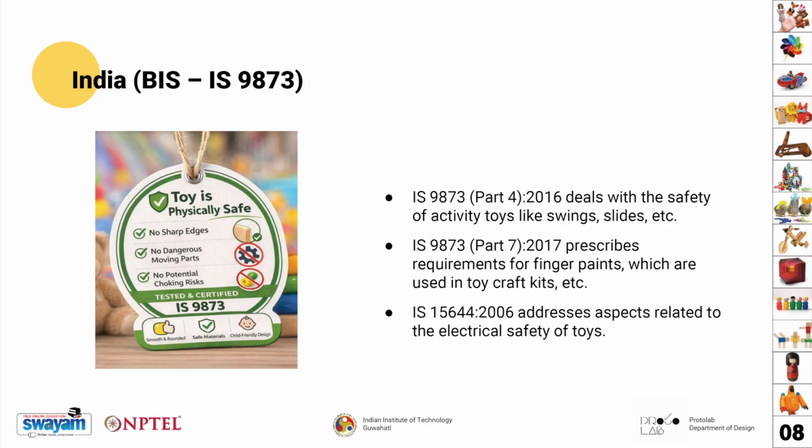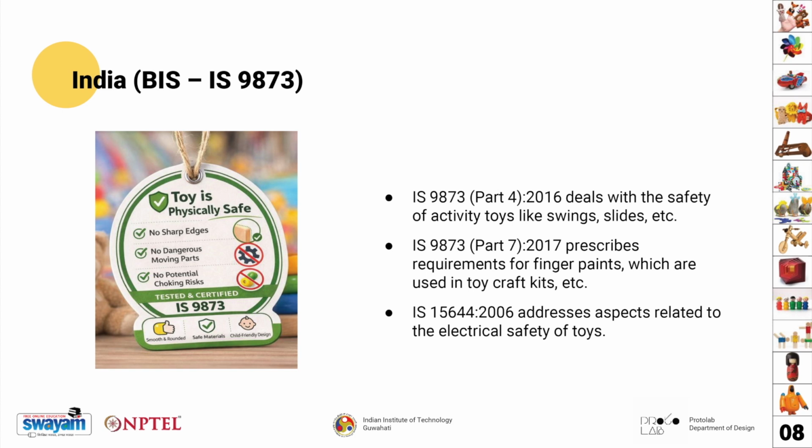Fifth is IS 9873 Part 6, Graphical Symbol for Age Warning Labeling. IS 9873 Part 6 specifies the graphical symbols used for age warnings on toys, particularly the "not suitable for children under 36 months" symbol, aligned with ISO 8124 Part 6.